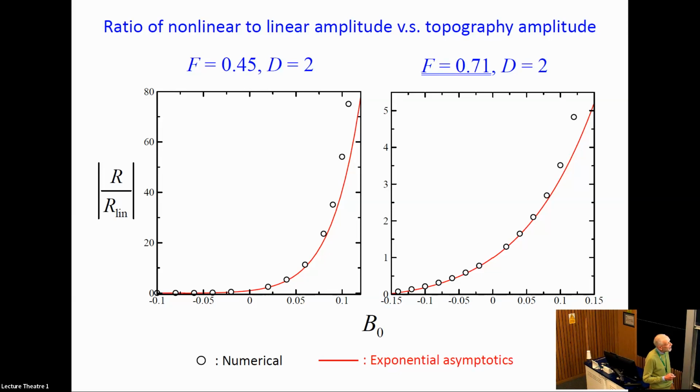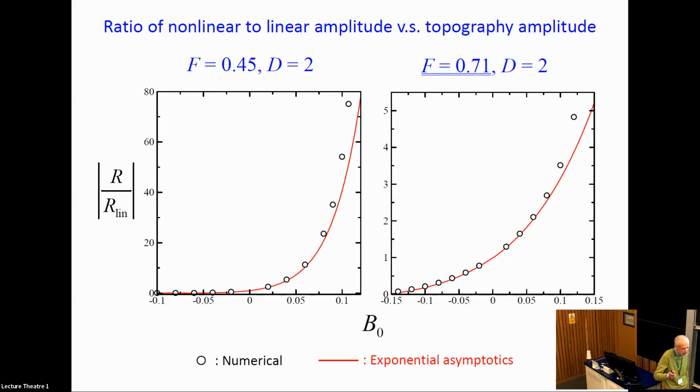For Froude number 0.71, even though, remember, this theory is for small Froude number, and the same depth parameter, the same overall feeling. The result is not as huge, but still quite significant, because, of course, the nonlinear magnification or depression is relatively more dramatic as the Froude number becomes smaller.